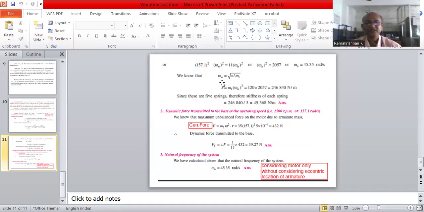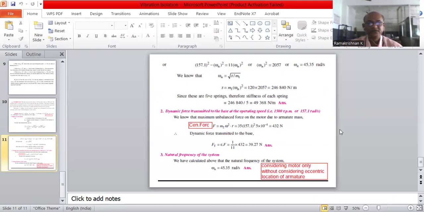Again, we have omega n equal to square root of S by M. Here we consider the motor as a whole system, so M1 is the mass of the motor, from which we get the value of S, that is 246,840 Newton per meter. This is contributed by the 5 springs, so for each spring we divide the value by 5. So the stiffness of each spring is 49,360 Newton per meter.